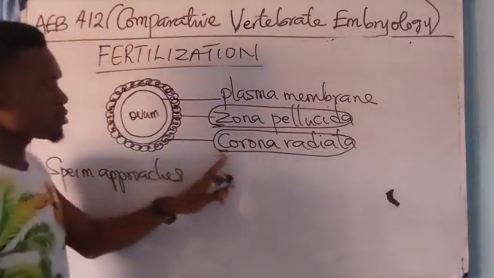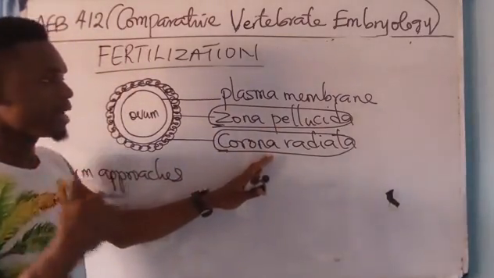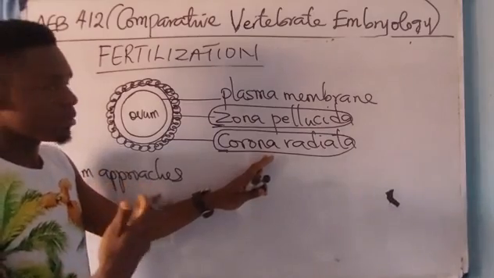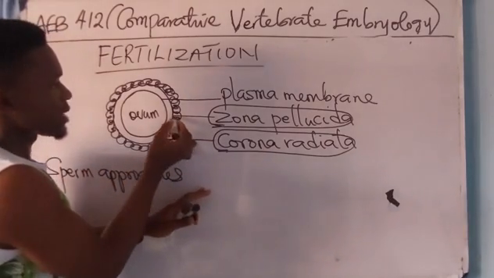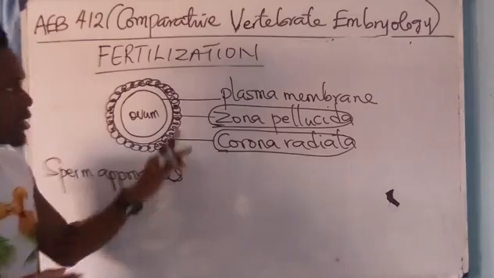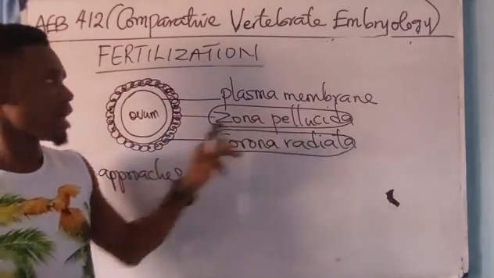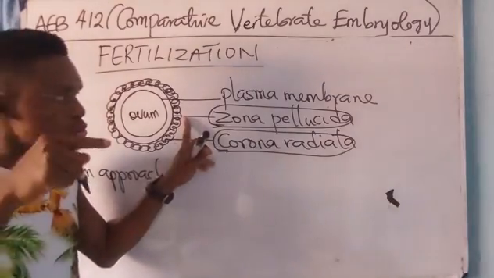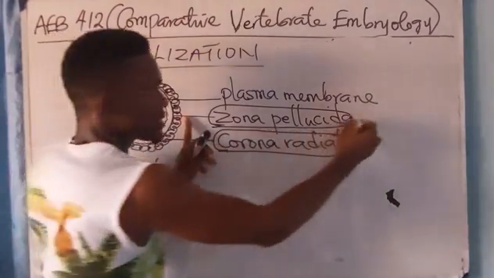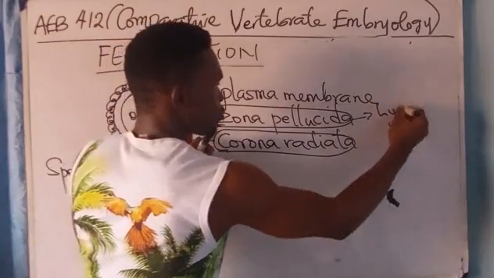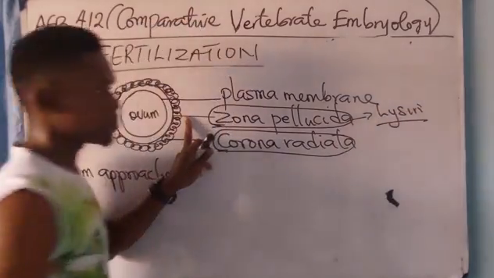As soon as it passes through this corona radiata, by the energy produced by the mitochondria, it gets into the zona pellucida. As soon as it gets to the zona pellucida, it dissolves it. Now, I told us the dissolution of this zona pellucida is as a result of this lysine produced by the acrosome.